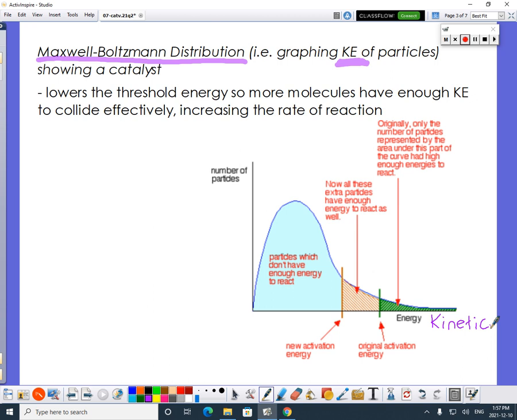So the catalysts are the only factor that can change or lower the minimum energy required. Yesterday we did concentration and surface area, which can change the frequency of collisions. We did temperature, which can change how often and how much energy they have.